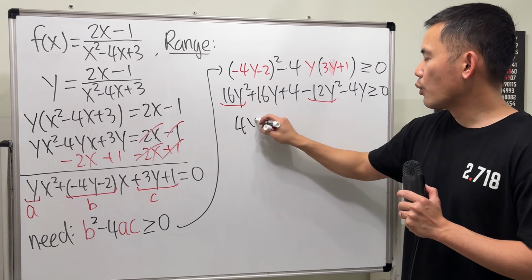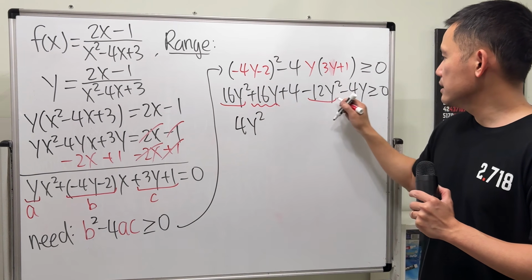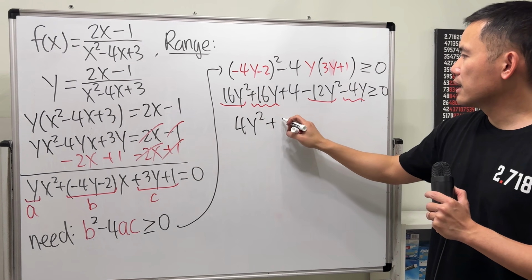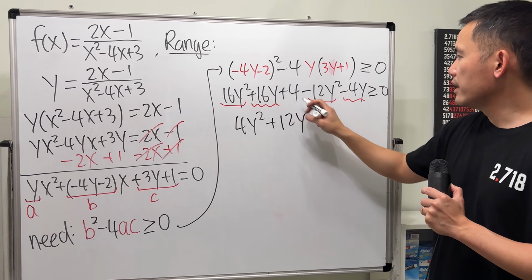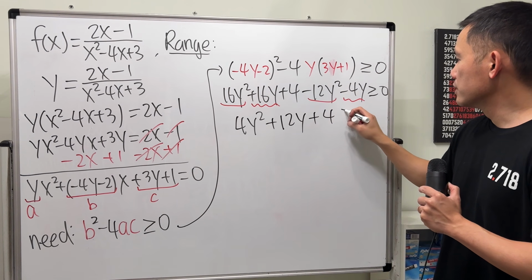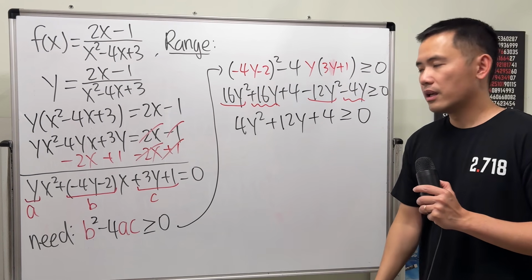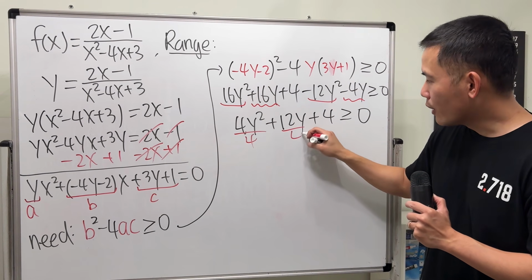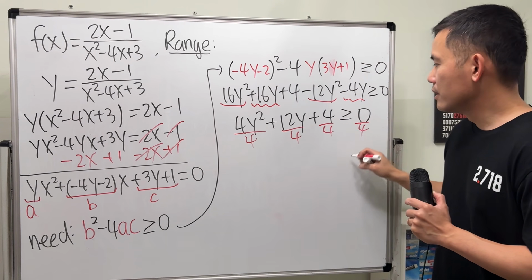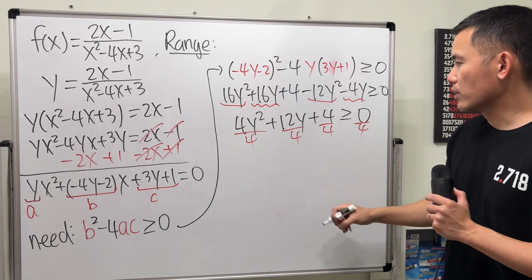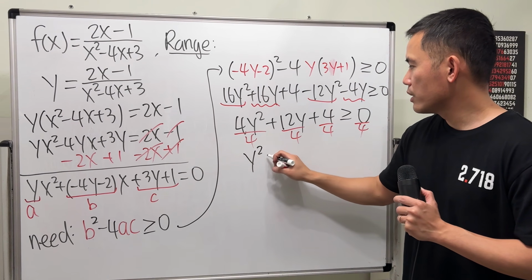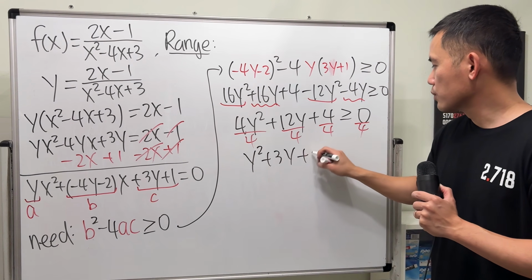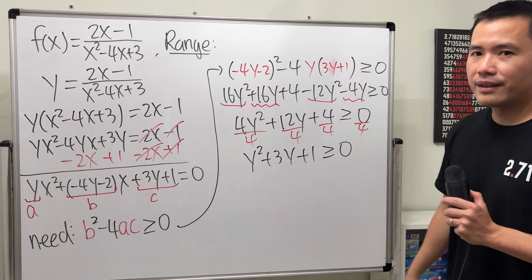That's 4y squared, and this and that is plus 12y, and then plus 4 is greater than or equal to 0. And notice everybody is divisible by 4, so we can divide everybody by 4. Positive 4, so you don't have to flip the inequality. So that's y squared plus 3y plus 1 greater than or equal to 0.